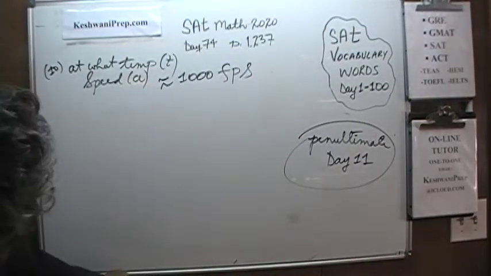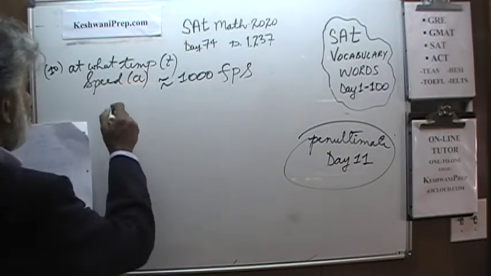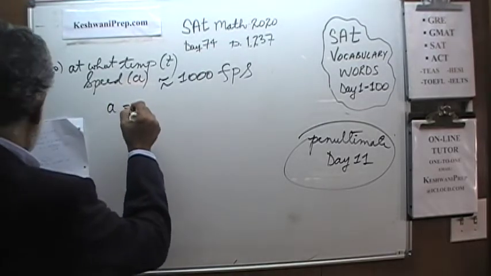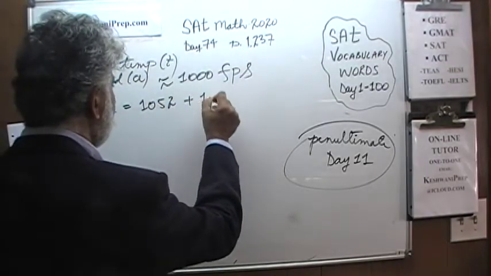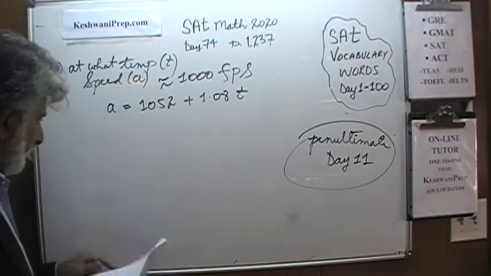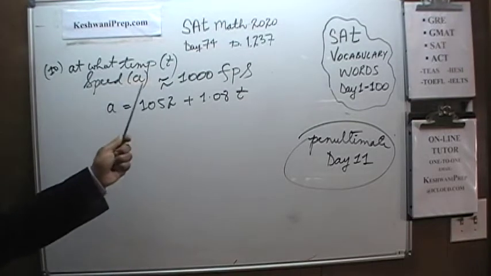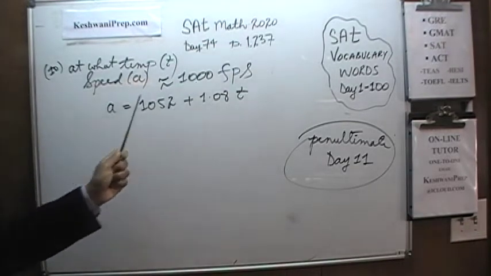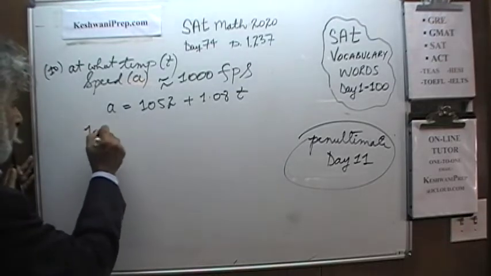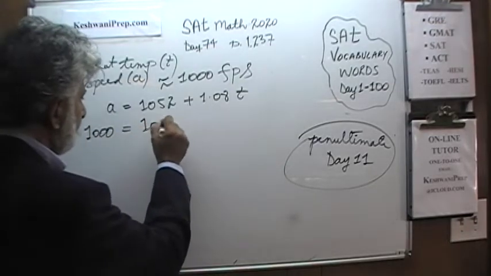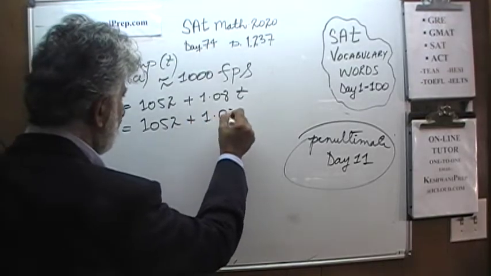So here's the equation. Enough of the talk. We are told that A is equal to 1052 plus 1.08t, and we are told that the speed is approximately 1000. So let's substitute here. A equals approximately 1000, so 1000 equals 1052 plus 1.08t.